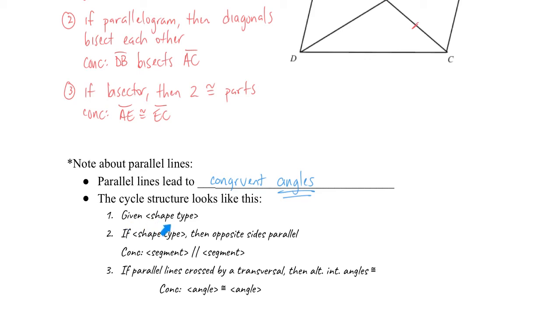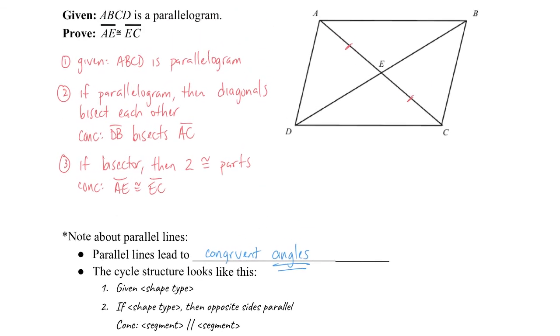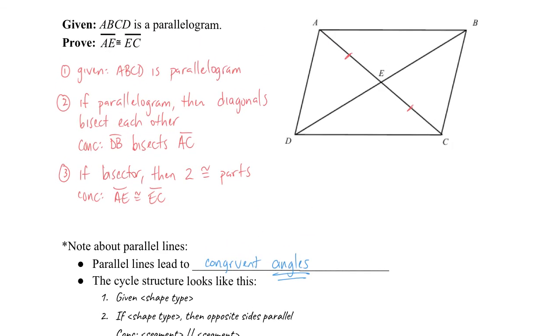You would be given that you have maybe a parallelogram, so maybe given ABCD is a parallelogram. If parallelogram, then opposite sides are parallel. So your conclusion would be a segment is parallel to another segment. And then we can use all those parallel lines crossed by a transversal properties that we learned way back in Unit 1. So let's take a look at this shape right here. You might say ABCD is a parallelogram.